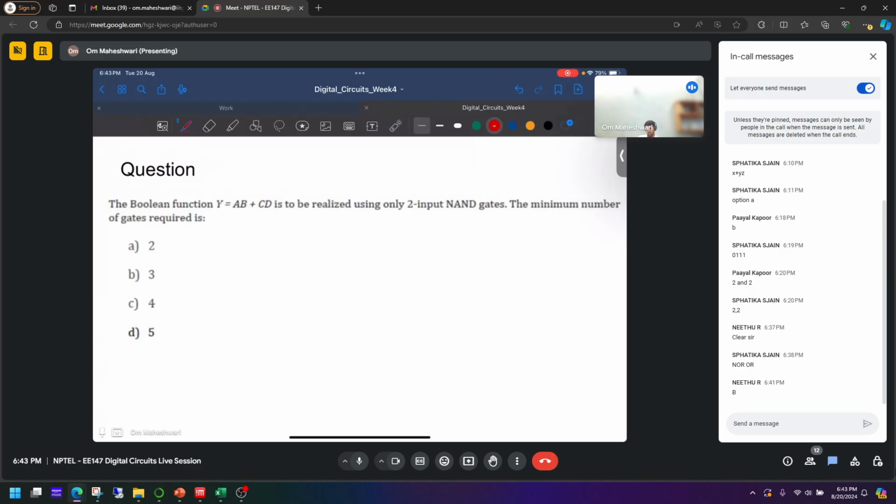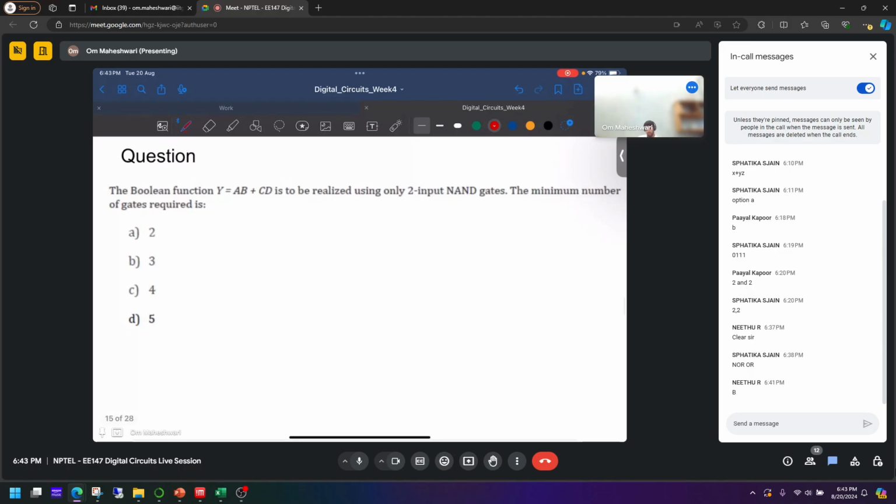So let us see this. How would you realize AB plus CD using NAND gates, right? So AB, CD. Let me first write the outputs here. We have AB bar and CD bar. Now you want at the output AB plus CD.